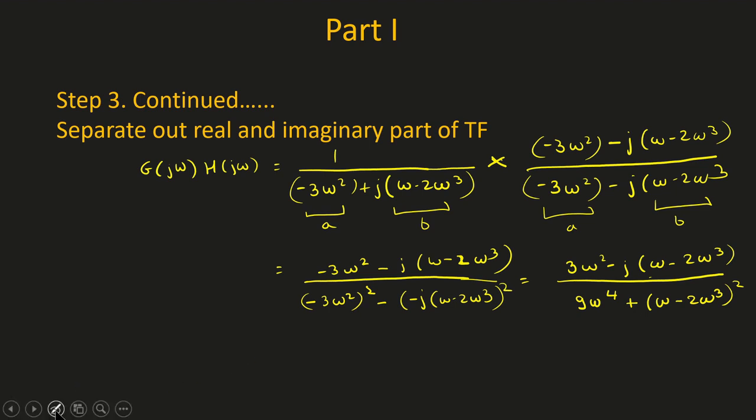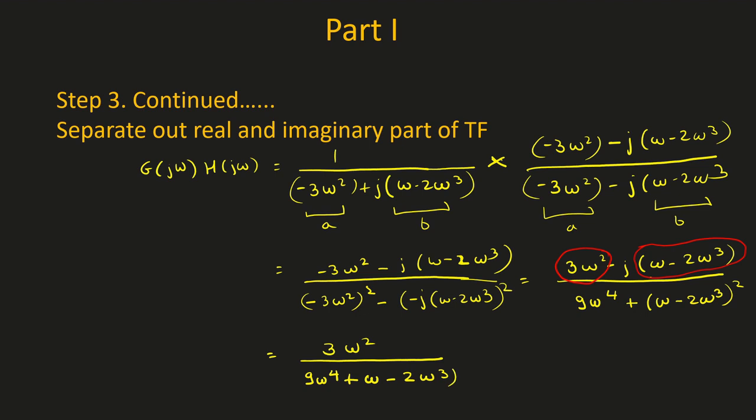So here I can separate the real part and imaginary part now. This is the real part with denominator, and this will be the imaginary part with the denominator. So let's separate this out as 3 omega square upon this denominator 9 omega raised to 4 plus omega minus 2 times omega cube bracket square, minus j times omega minus 2 omega cube upon the same denominator.